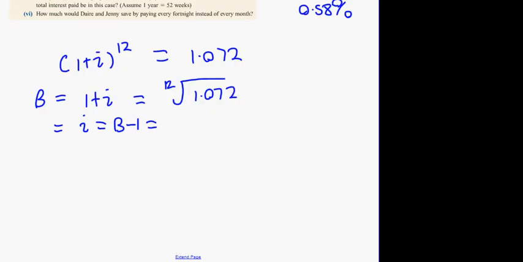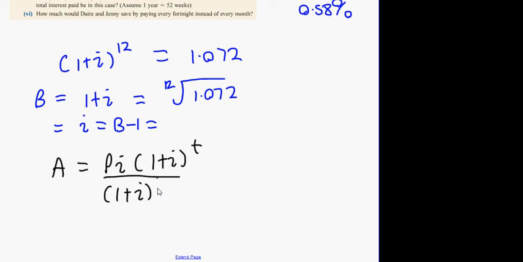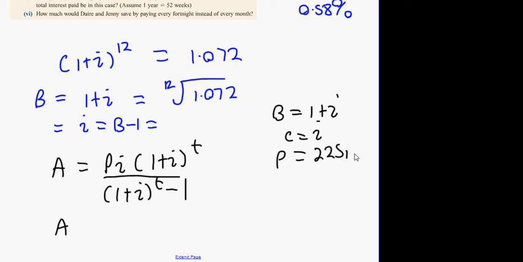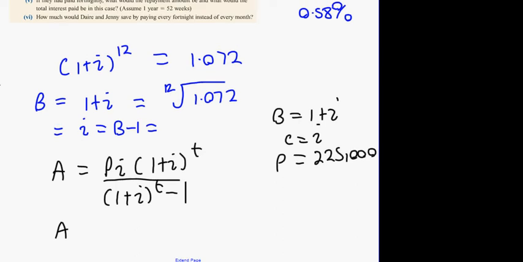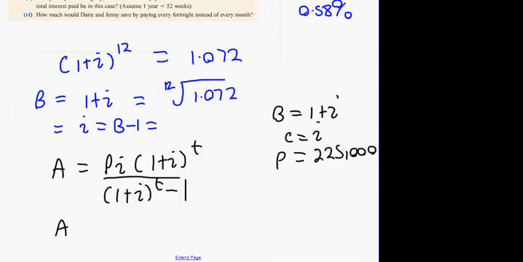In doing the monthly repayments, we're going to get A equals P times I times (1 plus I) to the power t, all over (1 plus I) to the power t minus 1, where B equals 1 plus I and C equals I. Now our P amount is 225,000.